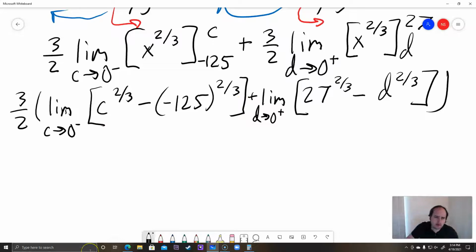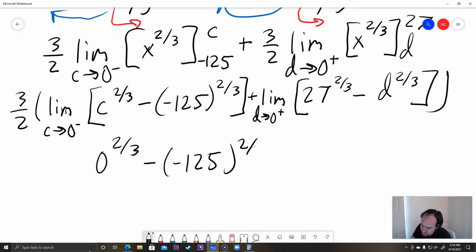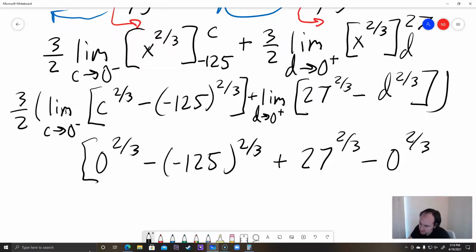Okay, but plugging in here, we've got 0 to the 2/3 minus negative 125 to the 2/3 plus 27 to the 2/3 minus 0 to the 2/3, and then out front of the whole thing we have a 3/2.